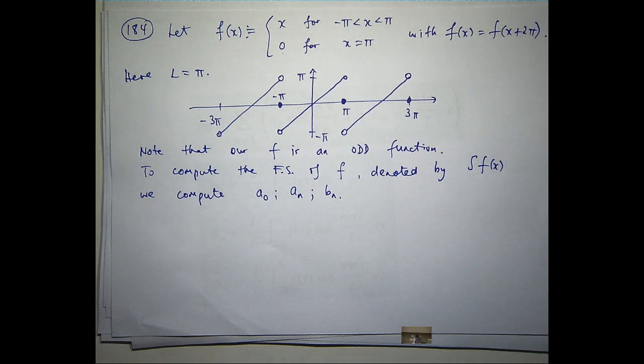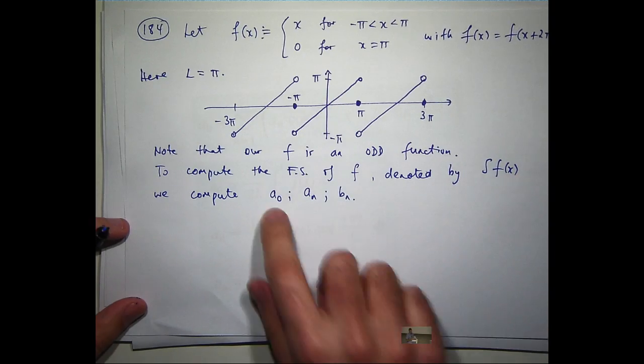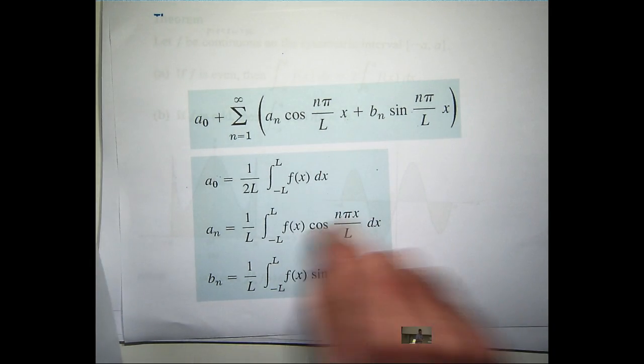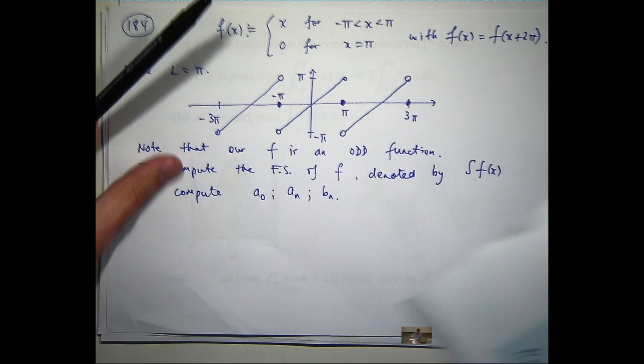Okay? Now, we can get each of those from our little table down here, and what we want to do is simplify as much as possible.